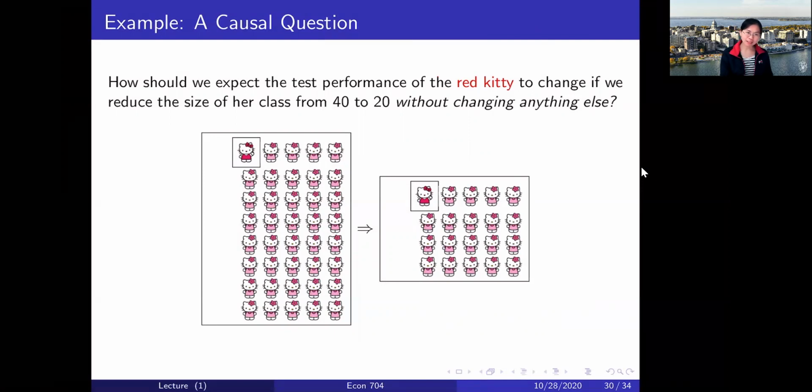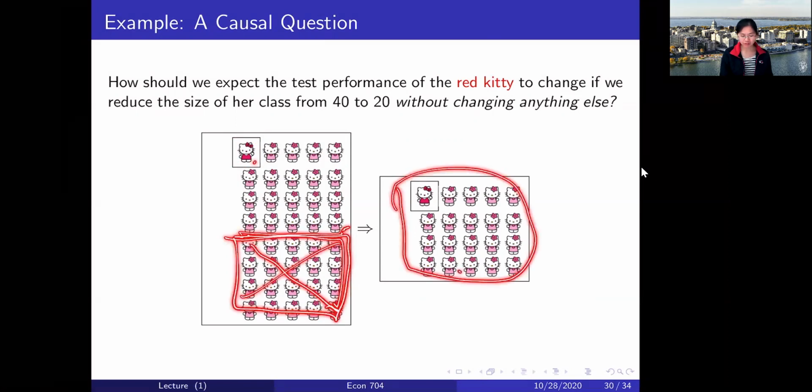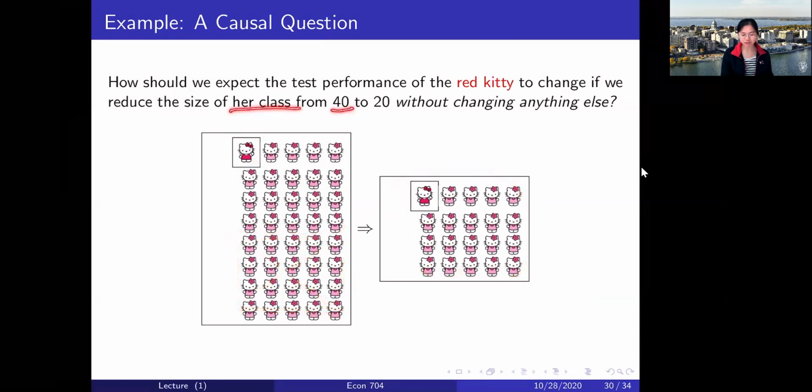How should we expect the test performance of this kitty to change if we reduce the size of her class, move these students to other classes, and by doing that, reduce the size of her class from 40 to 20 without changing anything else? What's going to happen to the test performance of the red kitty? Then that is a causal question.